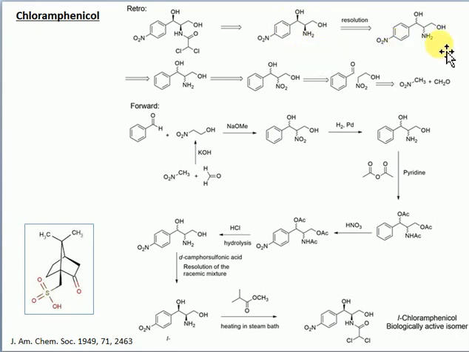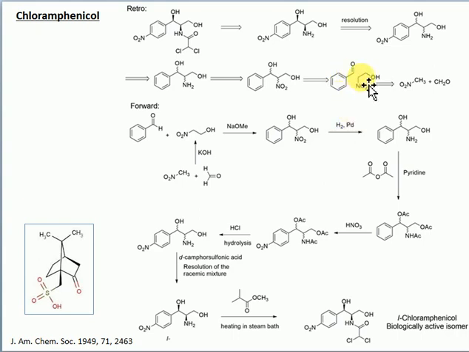So this amine, which contains a nitro group here, can be obtained from the nitration of this compound, and this compound, which contains an amine, can be obtained by the reduction of this nitro group. And this multifunctional compound can be obtained by the nitroaldol reaction on the benzaldehyde.